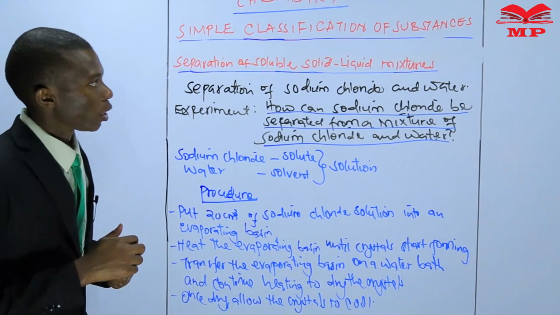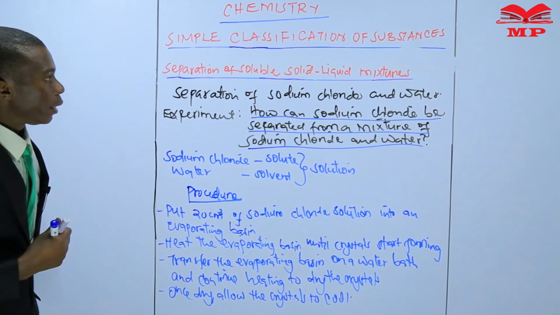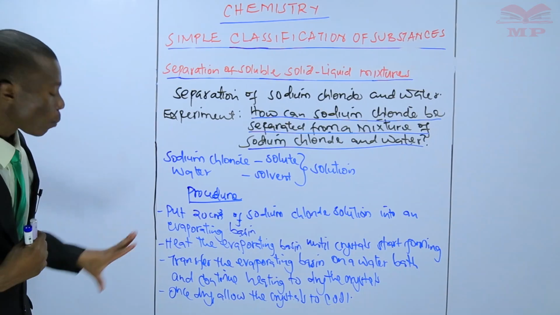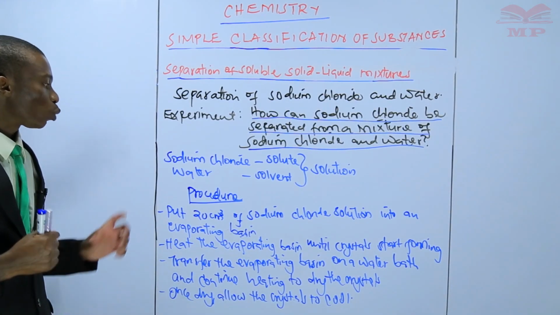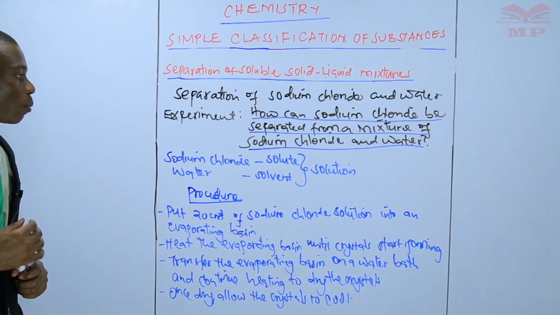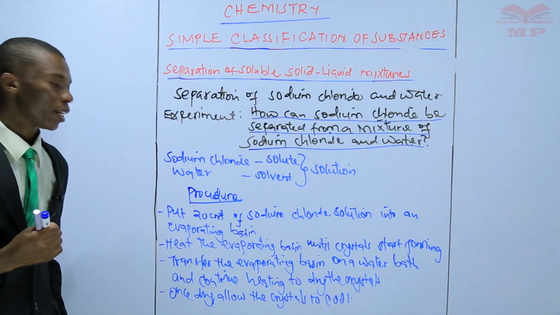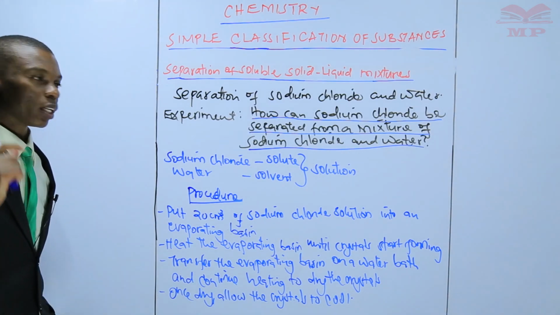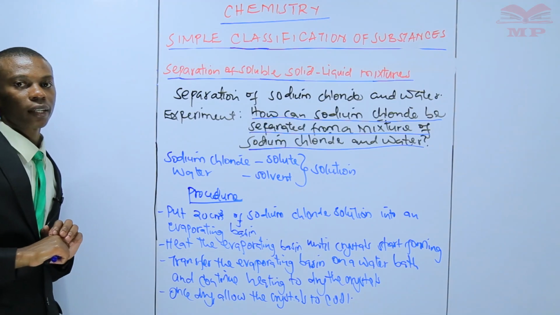That is the procedure we are going to use in this separation. Step 1, you put 20 centimeters cubed of sodium chloride solution into an evaporating basin. Second, heat the evaporating basin until crystals start forming.